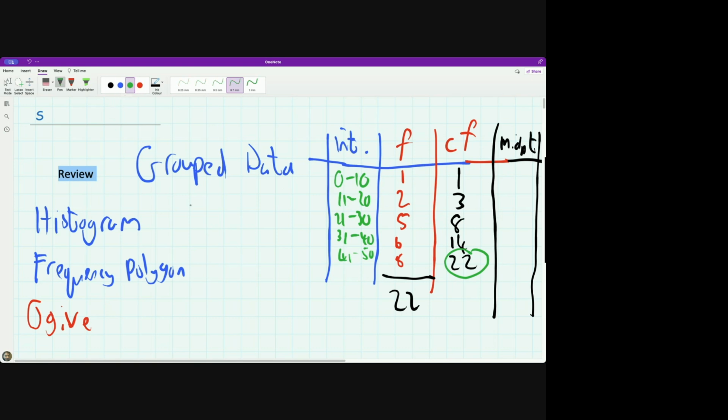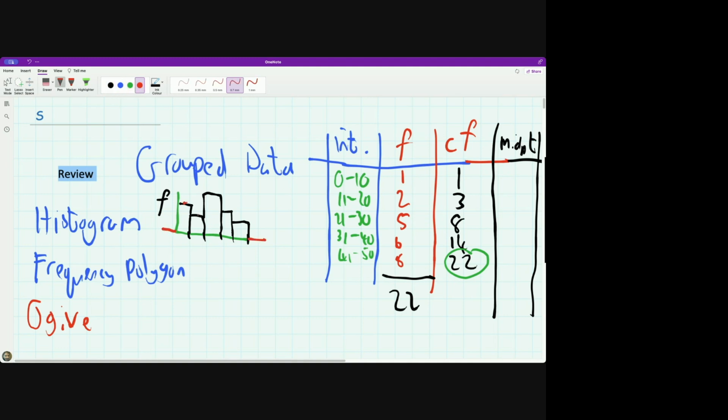And just to remind you how these graphs work, a histogram has frequency on the vertical axis, and then it has intervals going along like this, and you'll see bar-like figures over here. And there are no gaps in a histogram because you have continuous data. If you want a frequency polygon, you just add 2 intervals on each side.